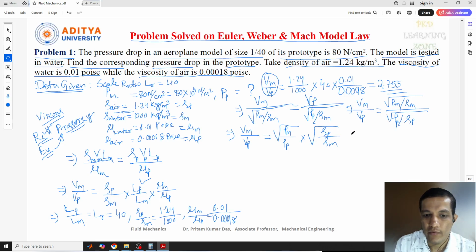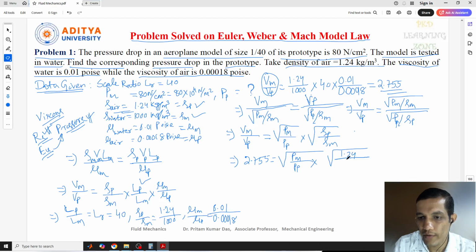Okay, now we have the value of rho p and rho m. This value is given, so you can find out this one. So now put this value, 2.755 equals root over of Pm by Pp into root over of 1.25 divided by 1000, and this value we can solve.